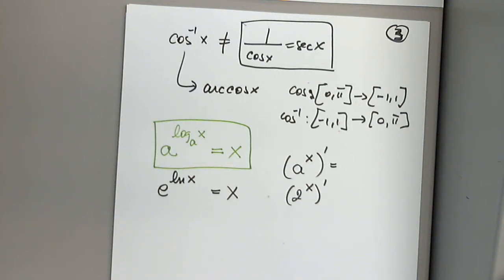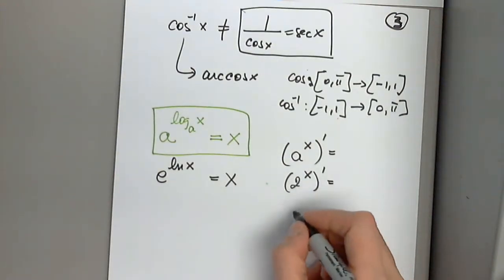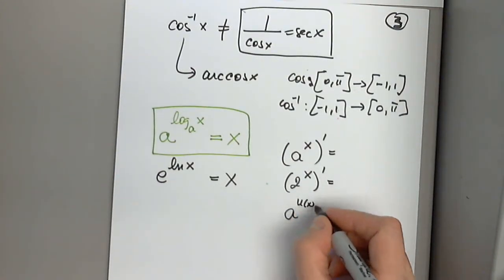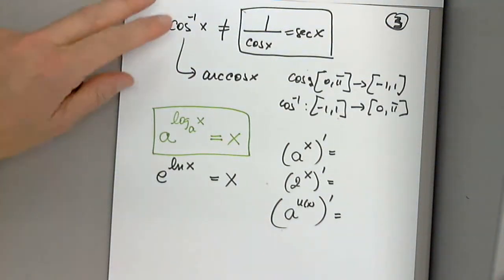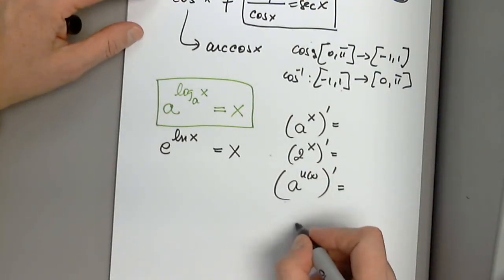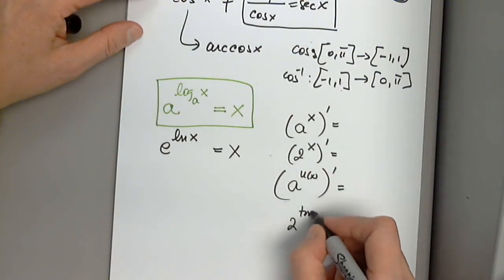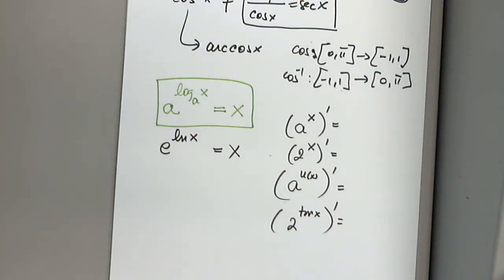So we cannot apply a rule like that. The other thing that I was going to present is what happens when we differentiate a raised to a function this time. And the last example, I'm going to show with, let's say, 2 raised to tangent x. I don't know why tangent x is on my mind today.